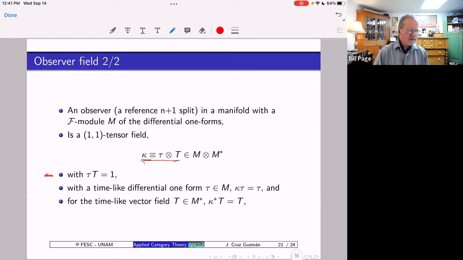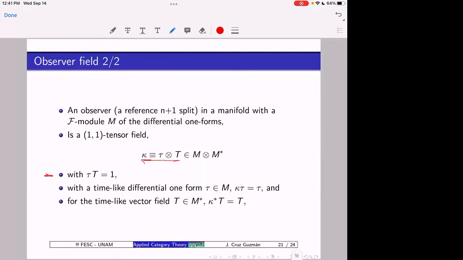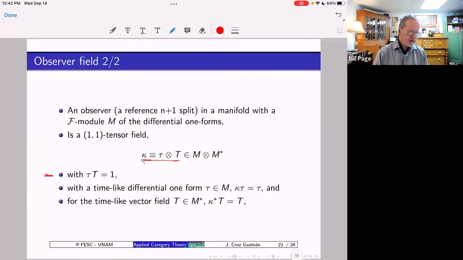But we could write, for example, kappa squared, and we mean kappa composed with kappa, right? That's an idempotent, right? It's equal to itself. Kappa squared is equal to kappa. Yeah, as an operator. So kappa squared is equal to kappa, yes.